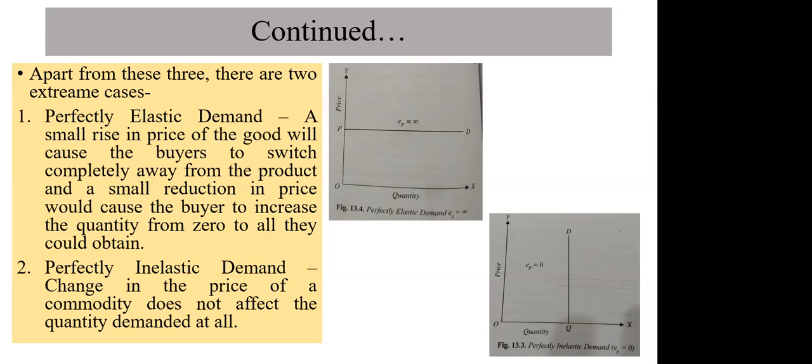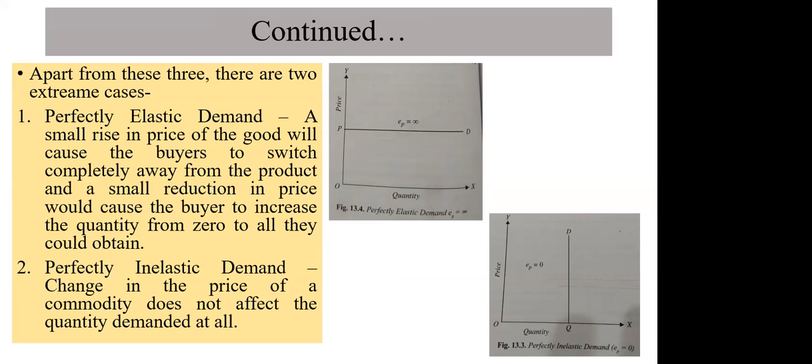Or it can happen the other way also. Suppose a certain quantity of the produce was being purchased by a consumer at the prevailing market price, and there is a slight increase in the price, like from 15 to 16 or 17. And the buyer completely stops buying it. He completely switches away from this product and will try to buy another product.